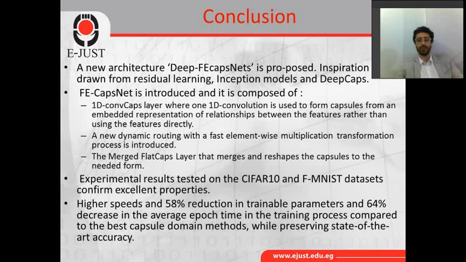Experimental results on C410 and FMNIS datasets confirm excellent properties: 58% reduction in trainable parameters and 64% decrease in the average epoch time in training and testing processes have been realized.